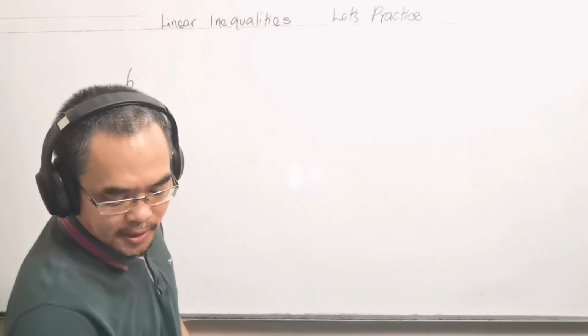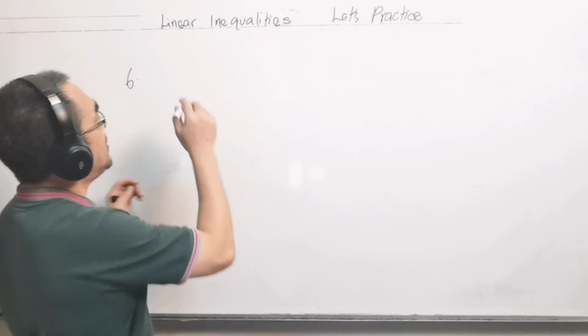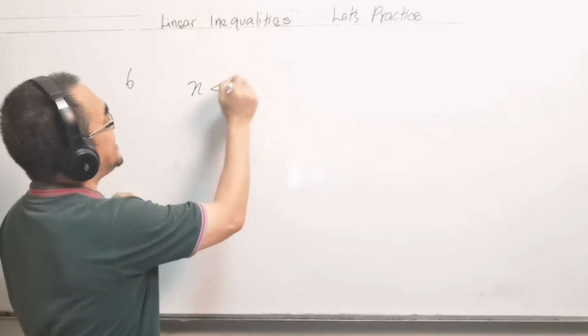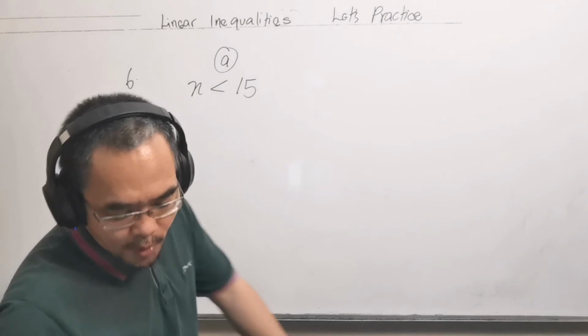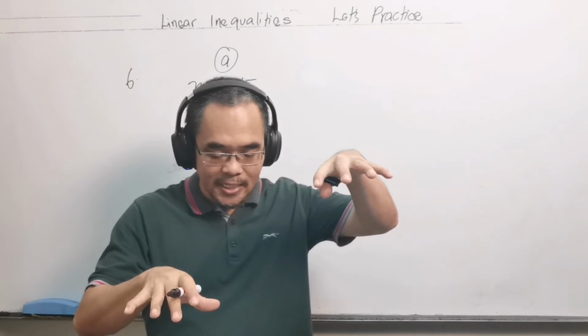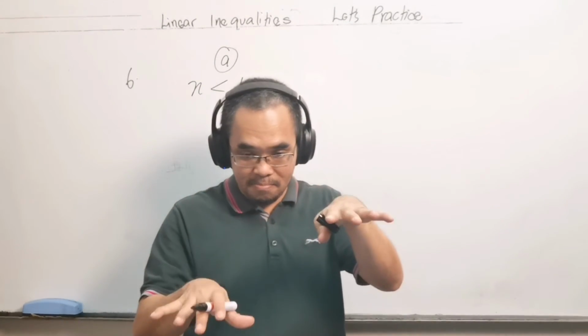Shows that 1 metal ball, let's say the weight is x, is less than 15. That is from diagram A. You understand why? Because the metal ball is up here, then the weight of 15 gram is below it.